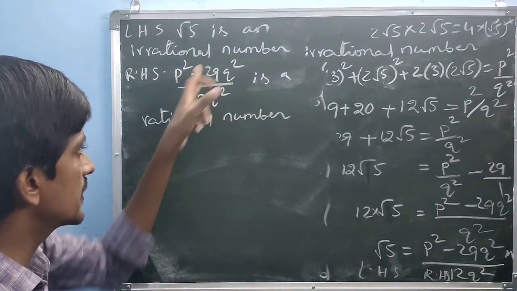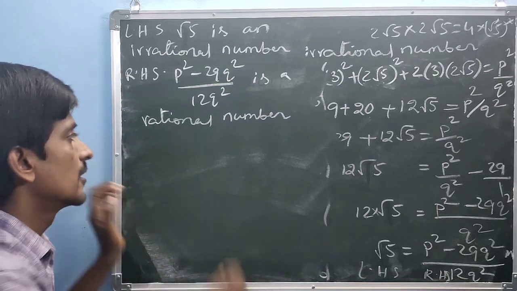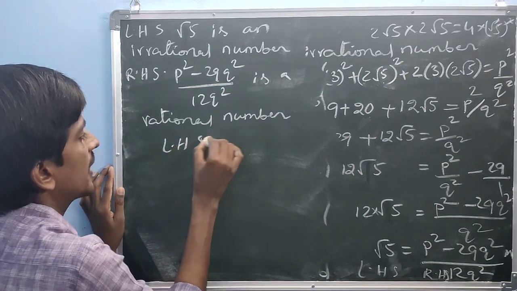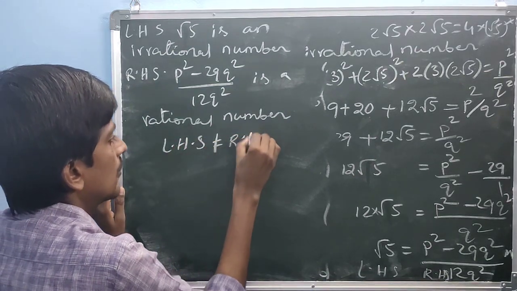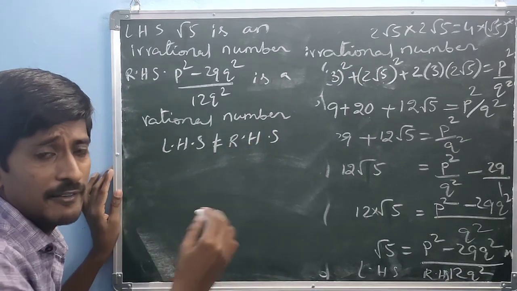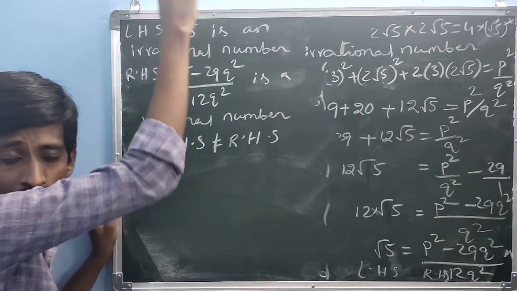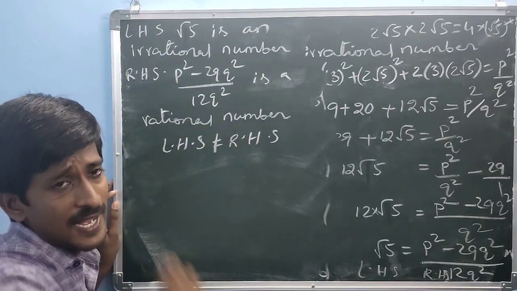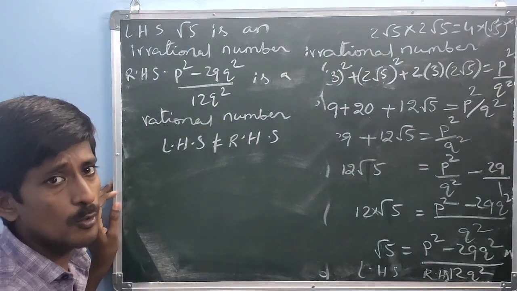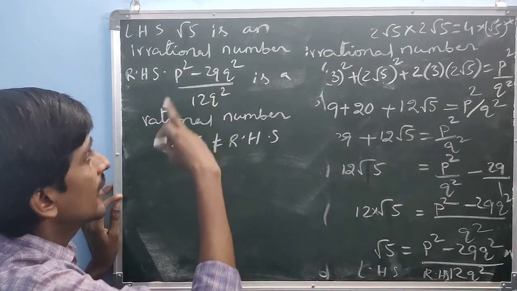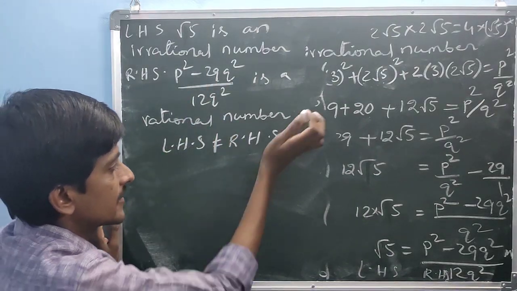That's why this whole number is a rational number. So LHS is not equal to RHS. One is a rational number, another is an irrational number. There are no coinciding numbers between LHS and RHS. That's why LHS is not equal to RHS.